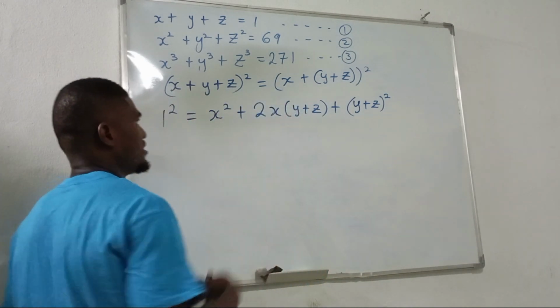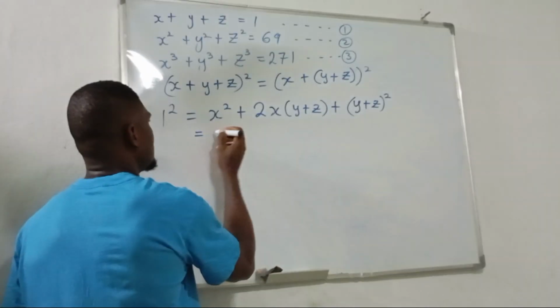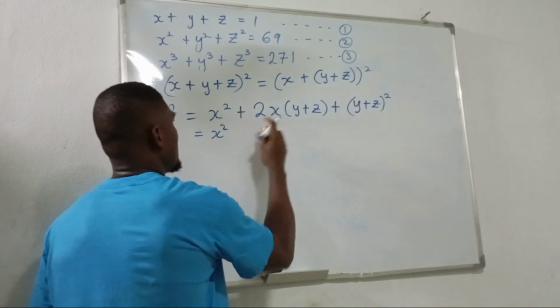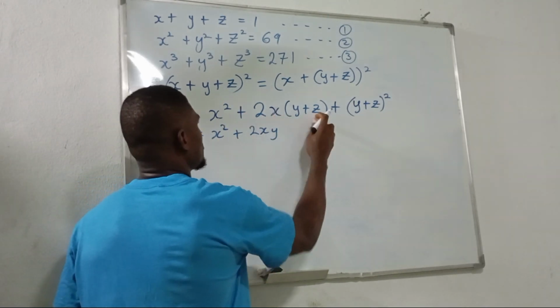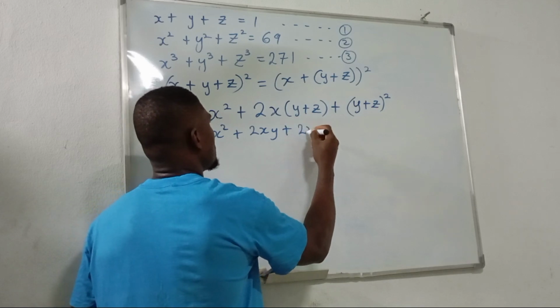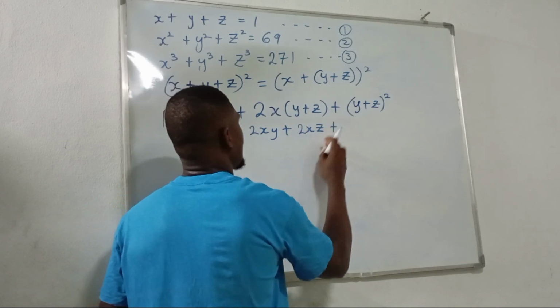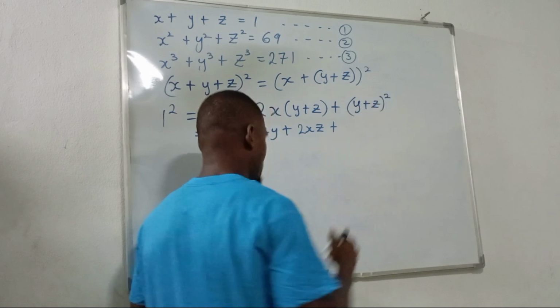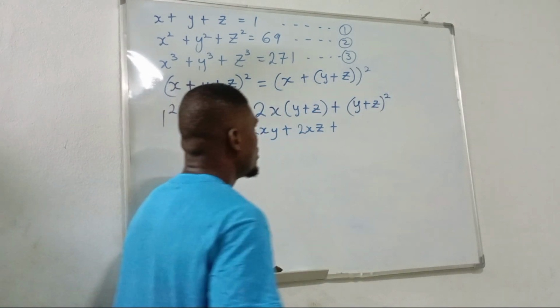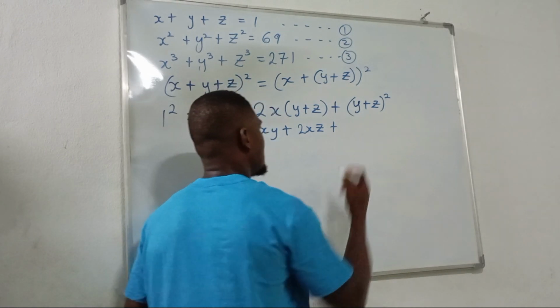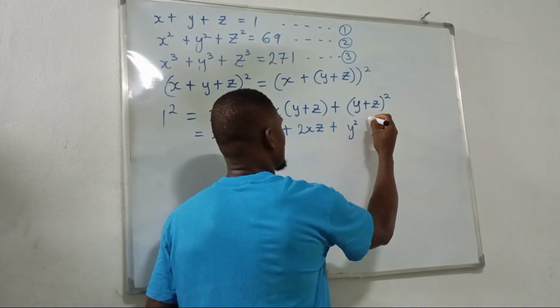Alright, so let's expand this. So we further expand this to have this x squared. This is going to multiply to this, so we have 2xy. This is going to multiply to this, we have 2xz. And then for this one, we're going to expand it based on the same principle. So y is going to have the highest power, which is 2.